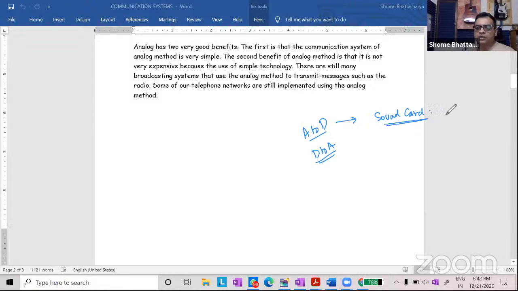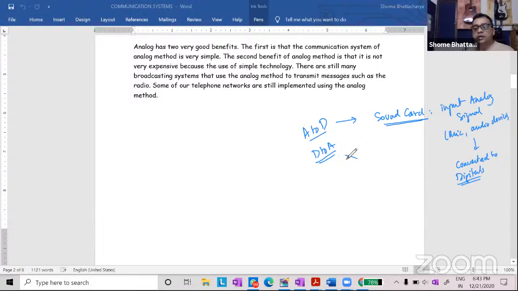The job of the sound card is that any input analog signal, whether it is coming from a microphone or another audio device, etc., is converted to digital. Okay. So that is the job of the sound card.